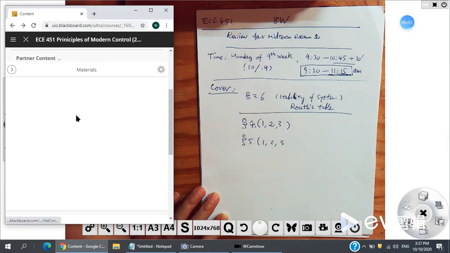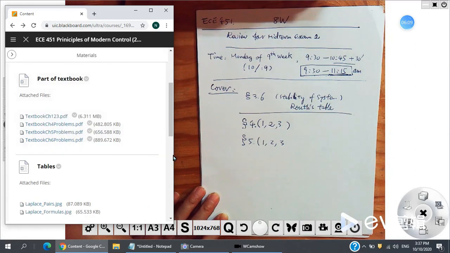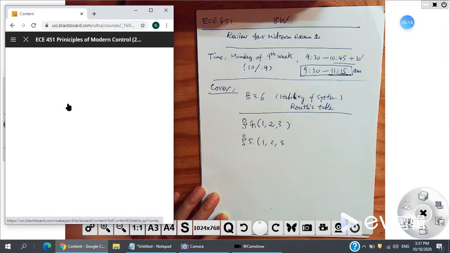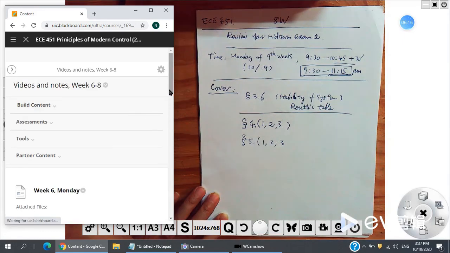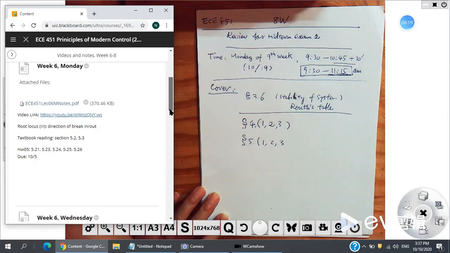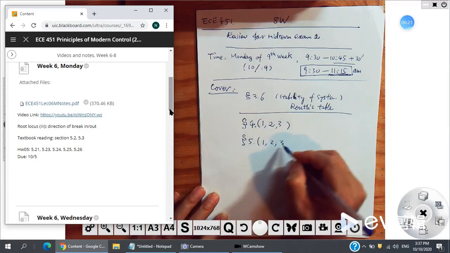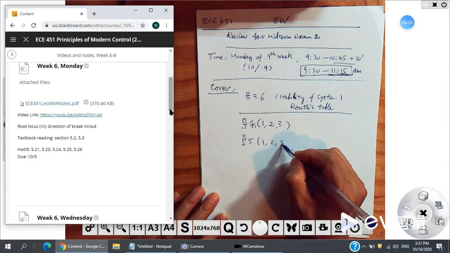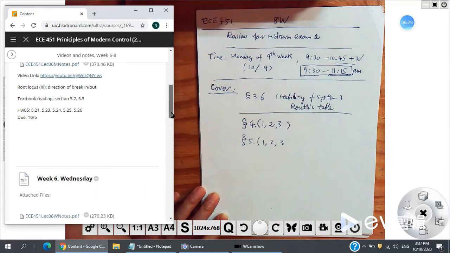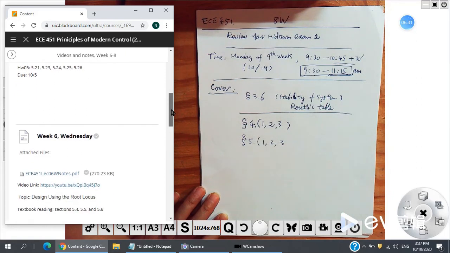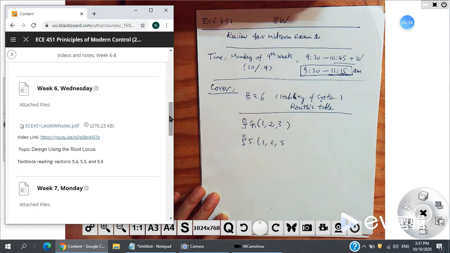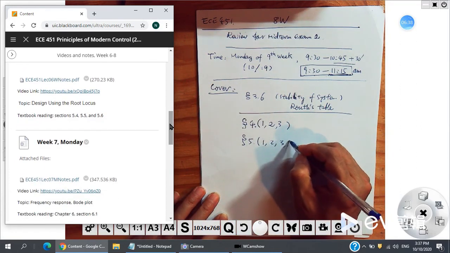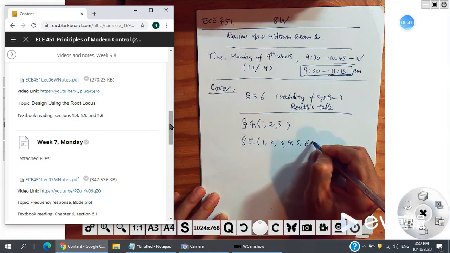Then let's go to week 6, 7, and 8. Week 6 also has sections 2 and 3 of chapter 5. Okay, so we have some sections separated in different lectures, right? And then sections 4, 5, 6 of chapter 5.